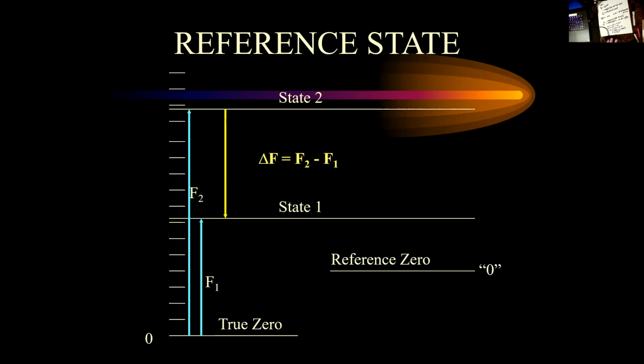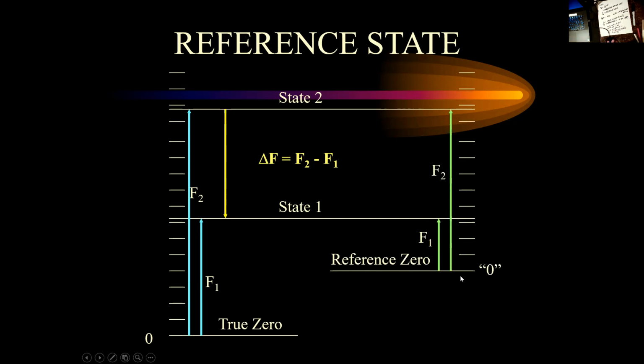What if I don't have a true zero, but I've got something that everybody in the world could define and agree on? We could come together and say, anytime I have this configuration, we're going to call that zero for energy. Now, since I know what this looks like, I can add joule units onto that scale and count them up from this reference zero up to state one.